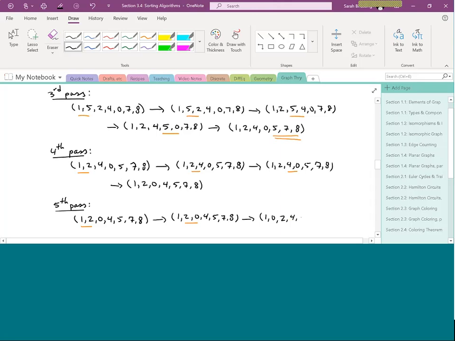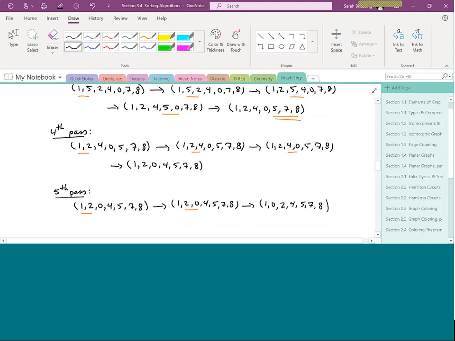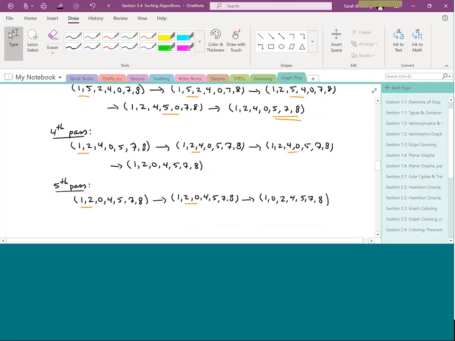And at this point in time, 2 now is in its final destination. So how many terms were actually in this sequence to start with? 7. So we've got 5 out of our 7 terms in their finalized positions. We don't even need to do any more comparisons to know that we are in that finalized, or permanent, position right here, if you will.